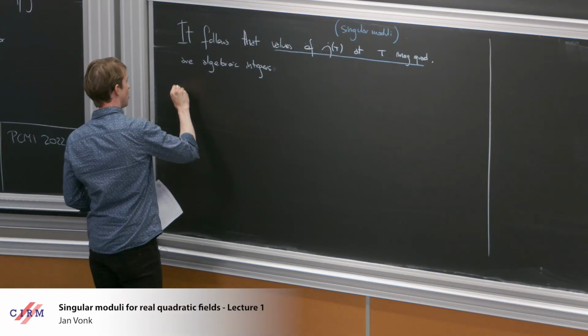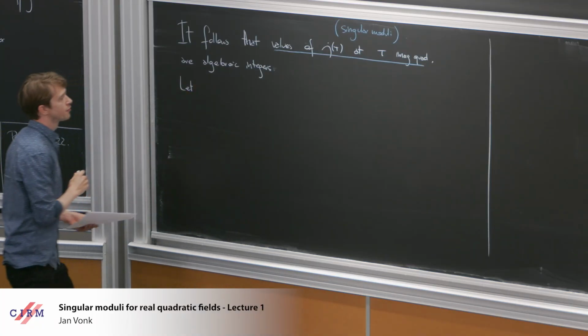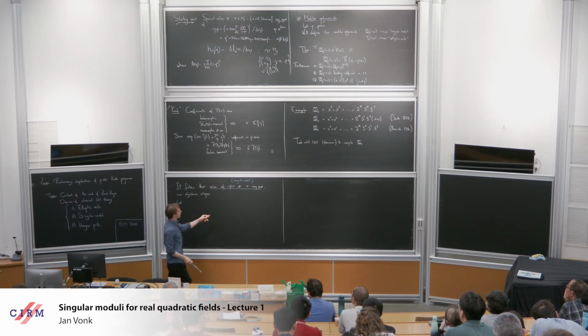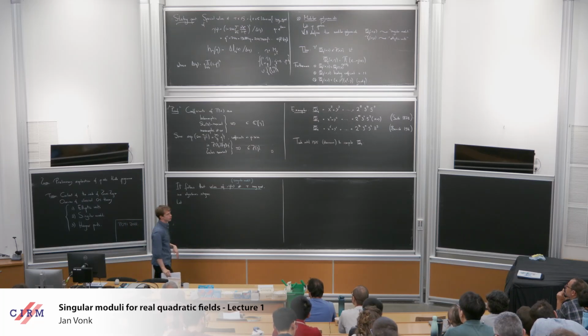Well, let's suppose, and so now I will take the freedom to switch between the viewpoint of the j function being a function of the upper half plane or a function on lattices.